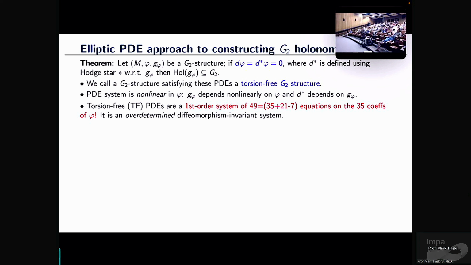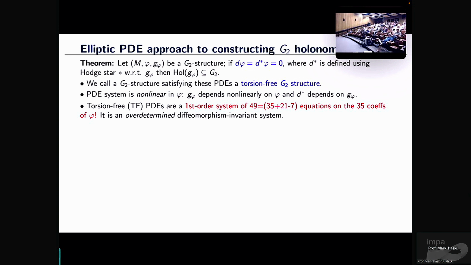The condition of being a positive 3 form is an open condition. So we have 35 coefficients, and then naively, we have a 4 form and a 5 form both vanishing. That naively looks like 35 plus 21 conditions, but there's some overlap of 7.